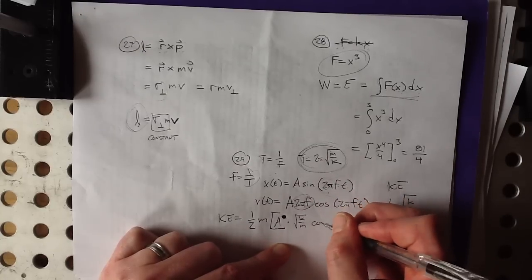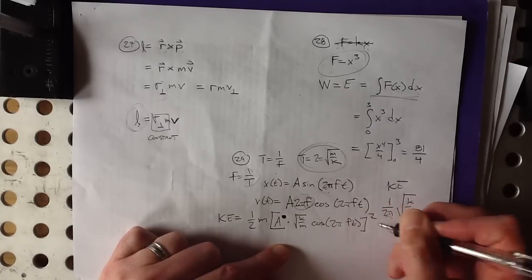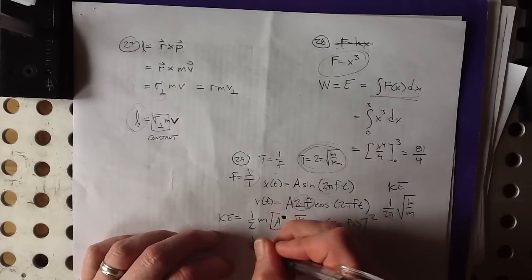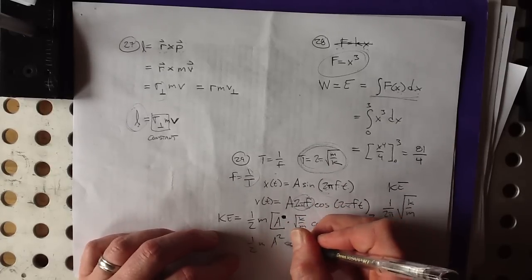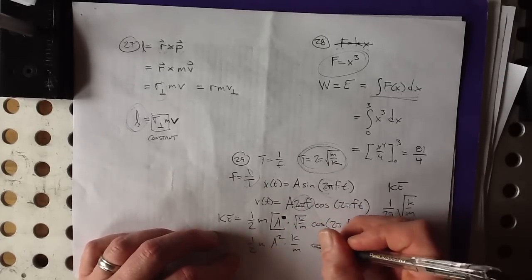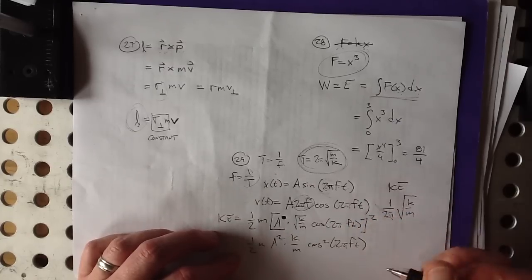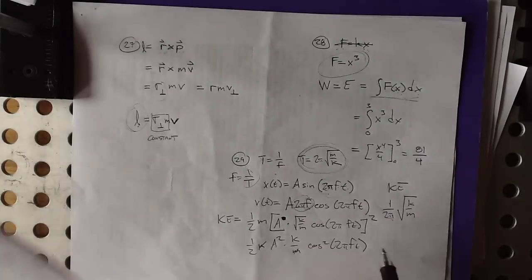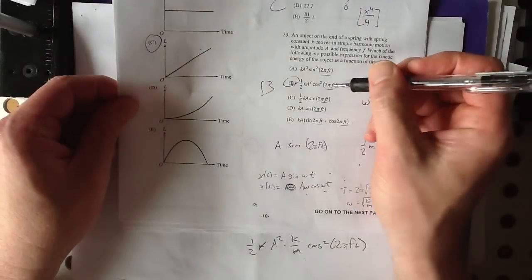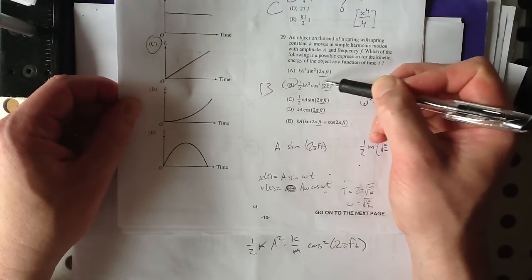And cosine of 2 pi f t, that whole thing squared, that's going to be 1/2 m, and then I'll square everything now. So that's a squared times k over m times cosine squared of 2 pi f t. The m's cancel out, and that looks like answer choice B, 1/2 k a squared cosine squared.